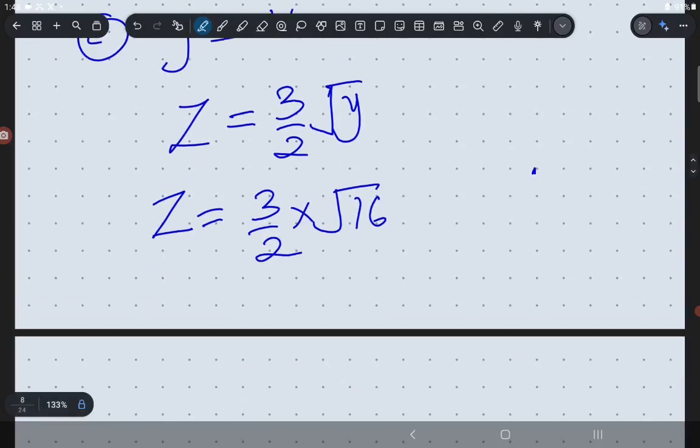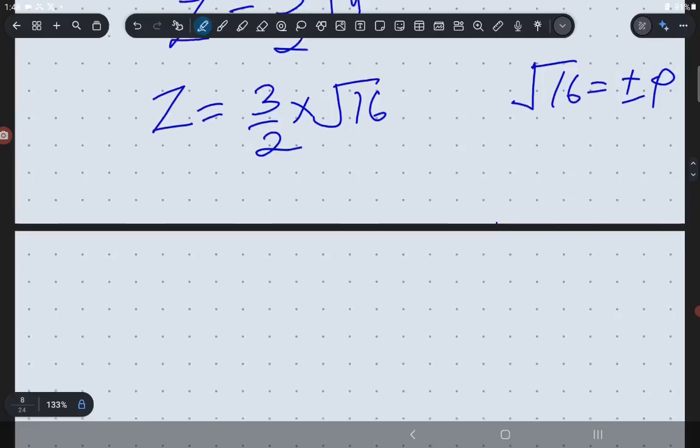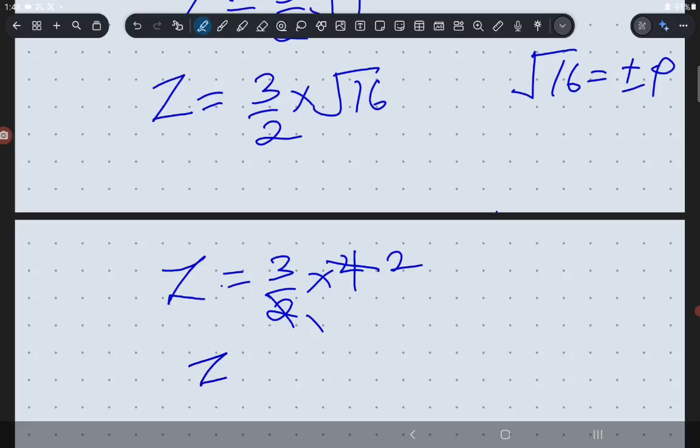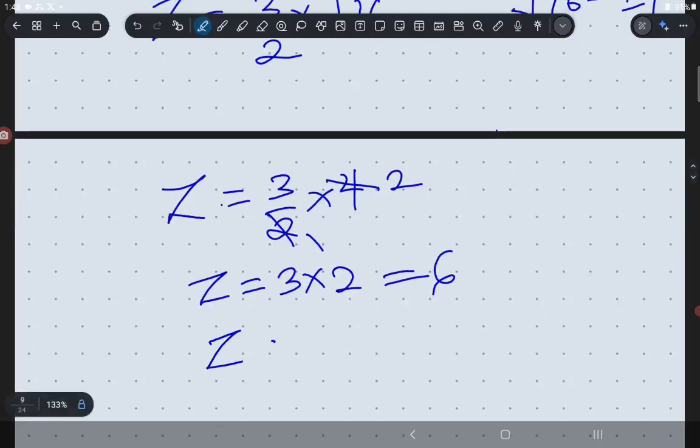The root of 16 is plus or minus 4, but let's choose one, so z is equal to 3 over 2 multiplied by 4. We have 2 here and 2 here cancelling, so the value of z will be 3 times 2, which is equal to 6.